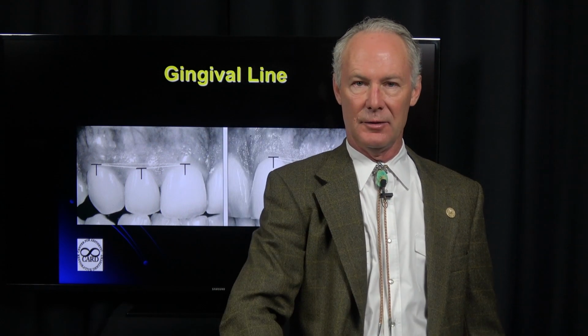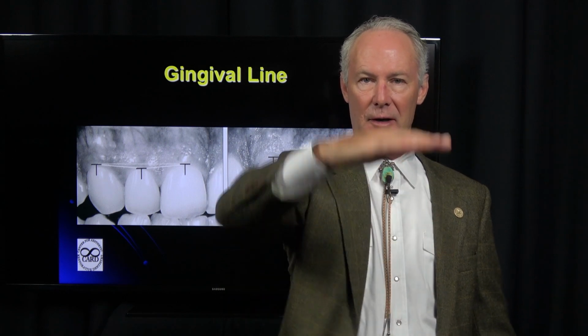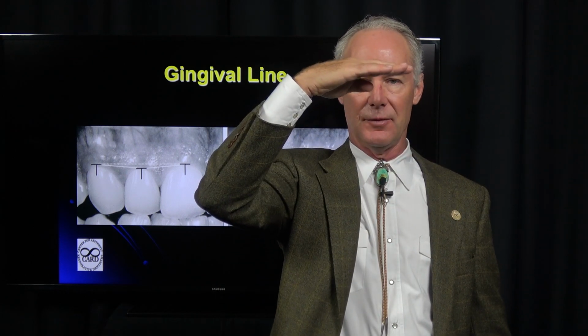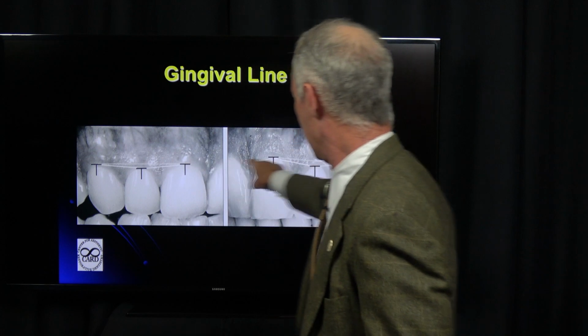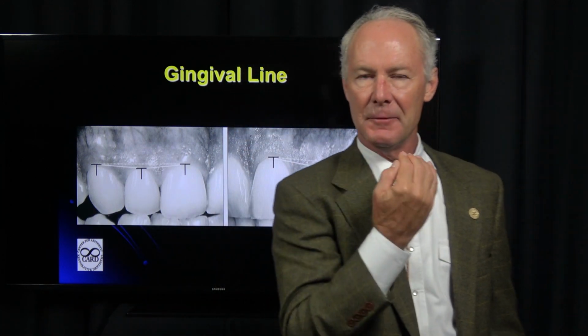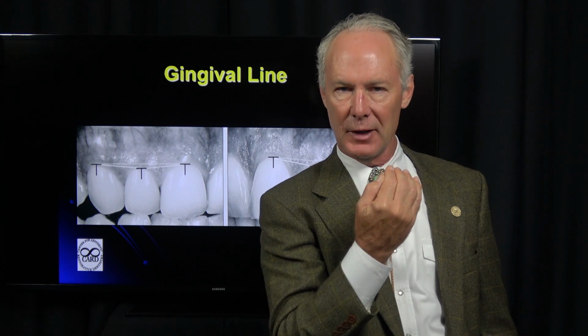Now remember, the pupillary line represents the earth or the floor or the tabletop. It's a flat plane. The gingival line should parallel the incisal plane. If you've got one tooth in which the gingival line is coronal to the ideal gingival line, it looks weird.